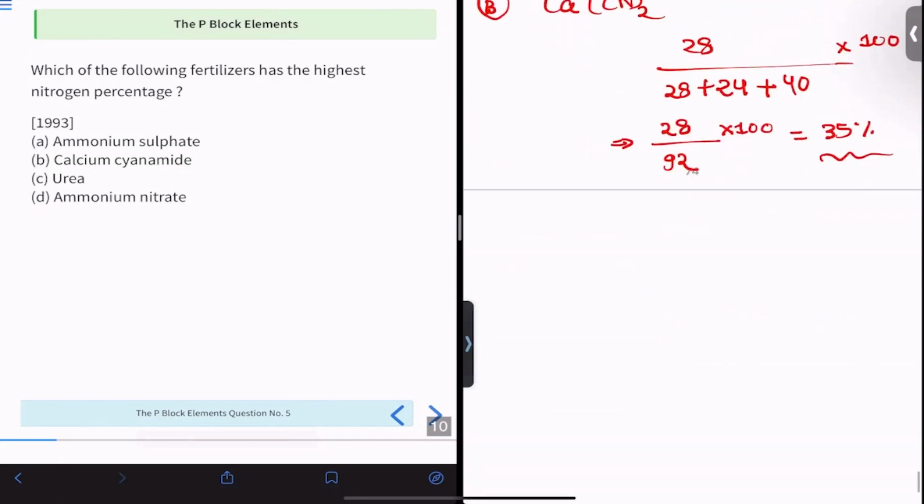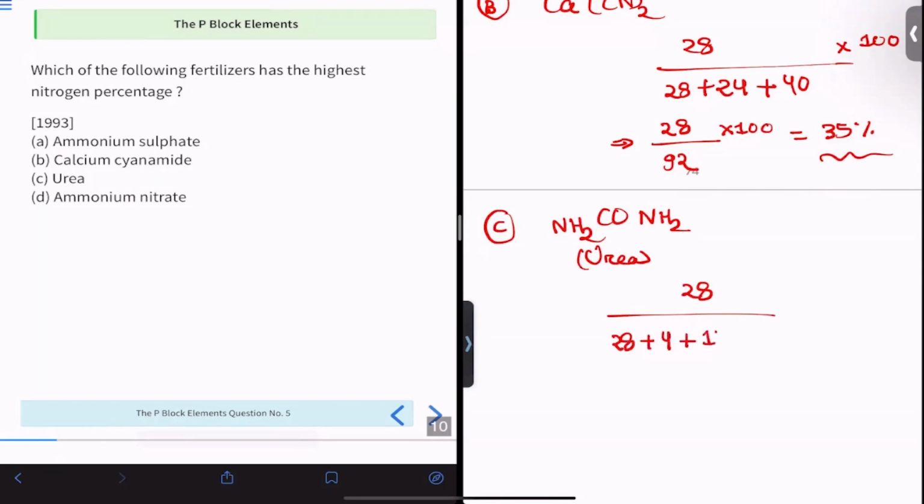Then coming to option C, NH2CONH2, urea. Urea has two nitrogen atoms again. 28 upon 28 plus 4 plus 12 plus 16. Do you understand? Two nitrogen atoms, four hydrogen atoms, one carbon, one oxygen, into 100.